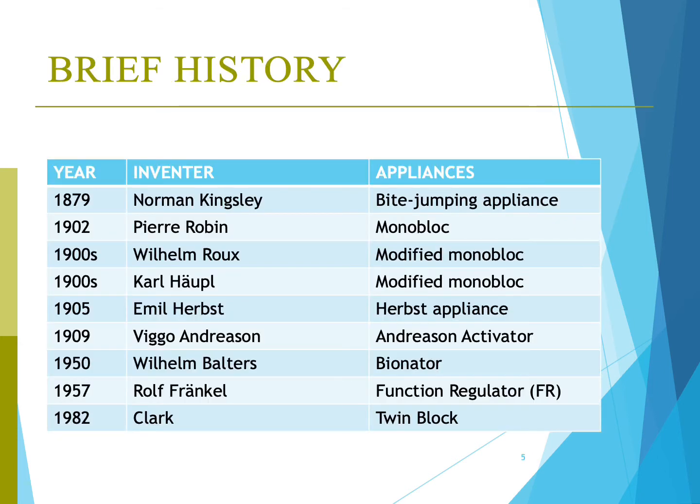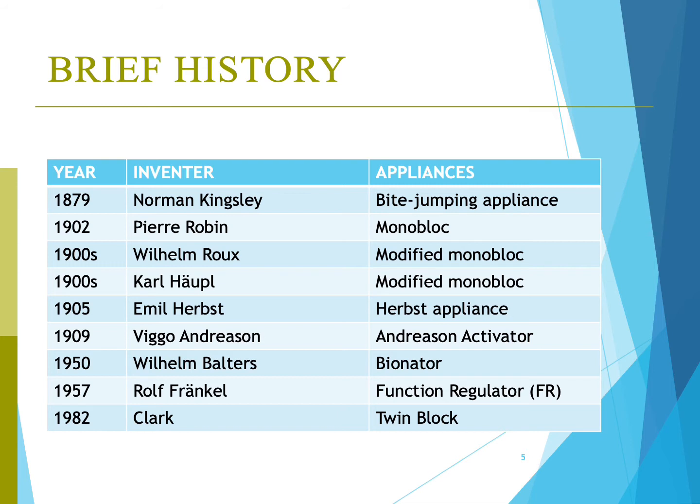This is a brief history of the myofunctional appliances. We can see that the first functional appliance was invented by Norman Kingsley in 1879, which is called the bite jumping appliance. Then it was followed by Pierre Robin, who created the monoblock and then modified the monoblock.